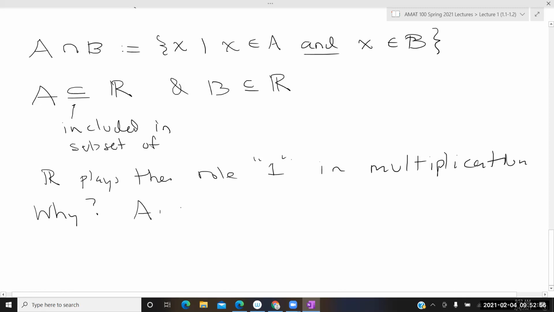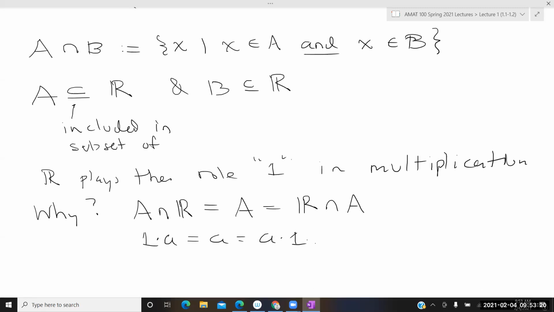Well, if you do A intersect R, it's not hard to see that it's just equal to A, which is the same thing as R intersect A. And that's exactly what we have with numbers. If I do 1 times A, it's equal to A, which is equal to A times 1. If you multiply any number by 1, you just get the number back. So in this sense, R is playing the role of 1. So union is like addition, and intersection is in some sense like multiplication.